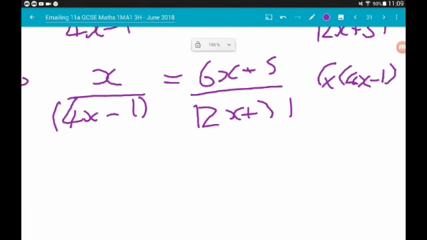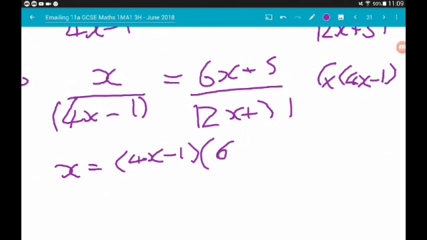So that's going to give us x is equal to 4x minus 1 times 6x plus 5 over 12x plus 31.